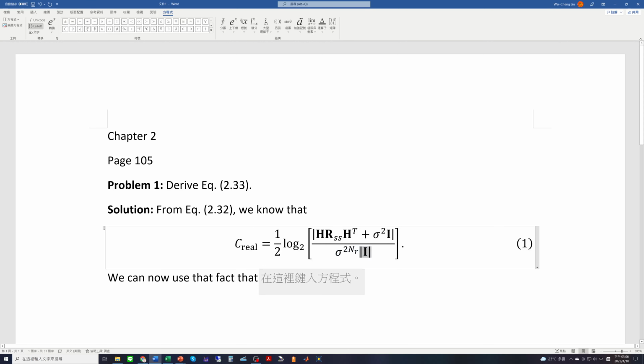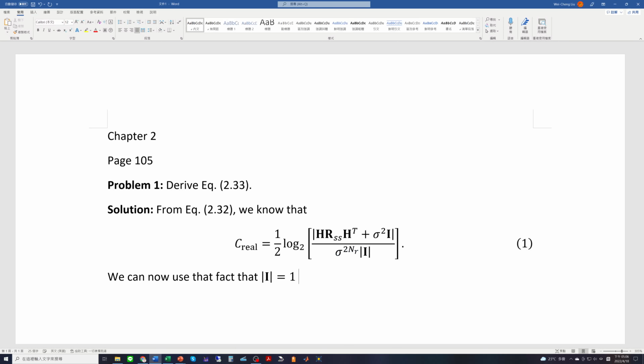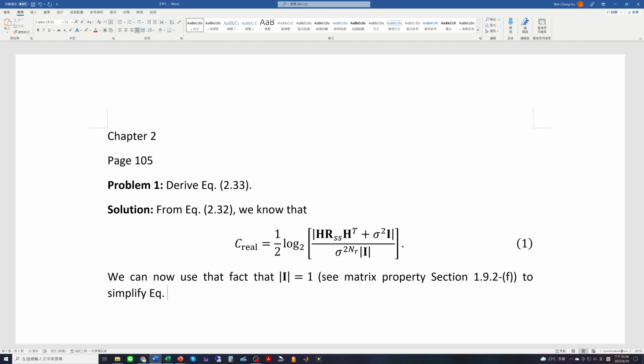Please see matrix property section 1.9.2F to simplify equation 1 to the following.